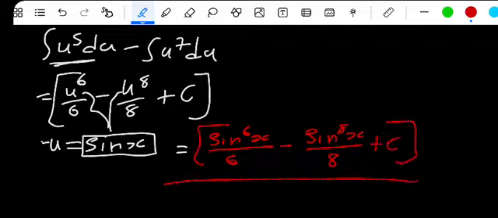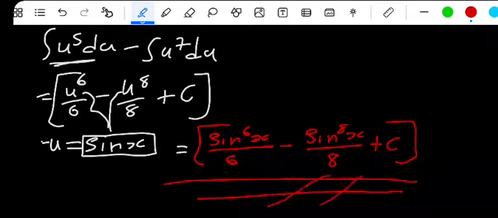I think this is what we're supposed to have there.